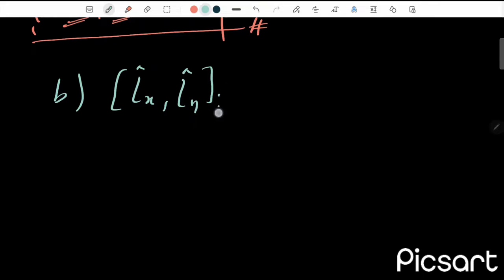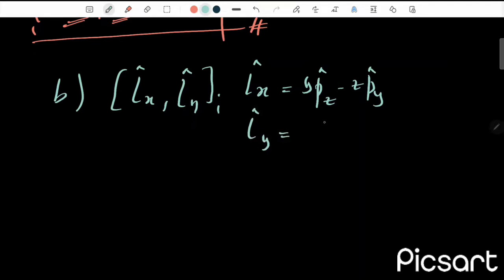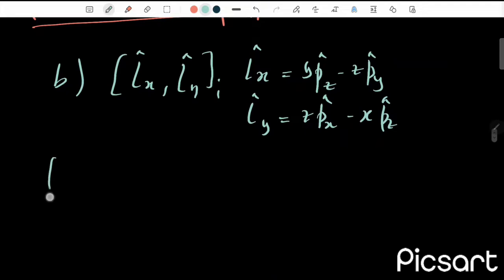By definition, we have Lx equal to y pz minus z py, and Ly is equal to z px minus x pz. Then here we will substitute the respective expressions.